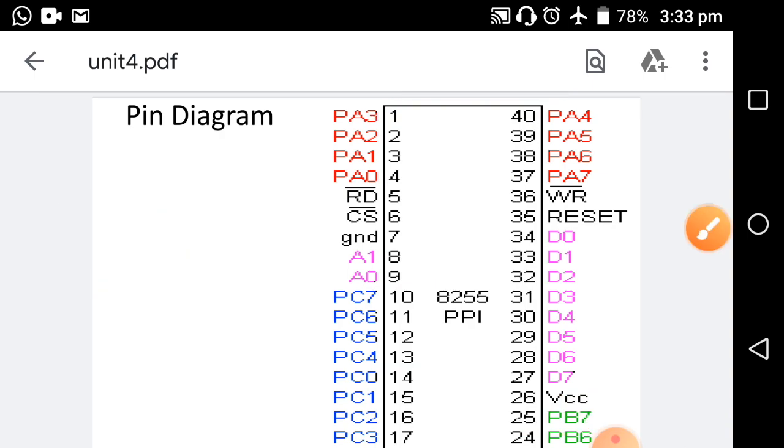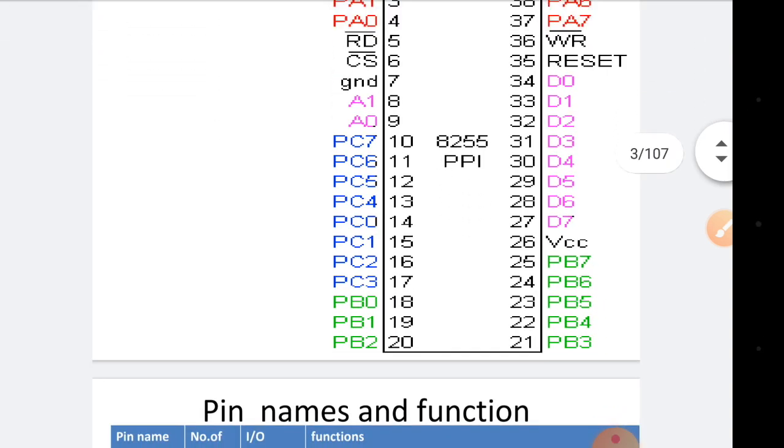So here we have discussed that there are 8 pins of port A: pin numbers 1, 2, 3, 4 and 37, 38, 39 and 40. Then pin number 17 to pin number 10 are divided in this manner.